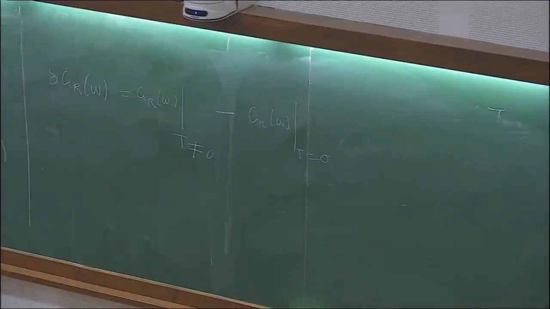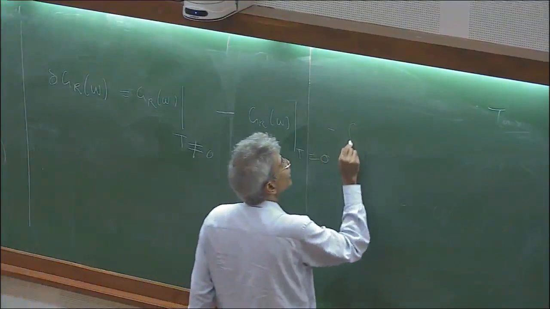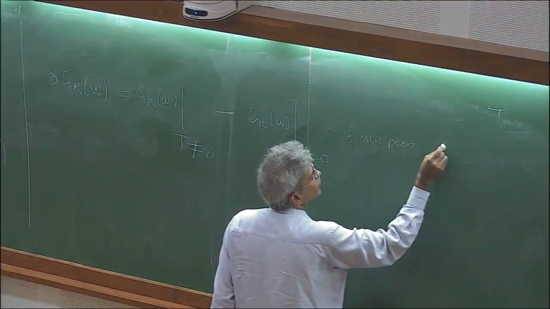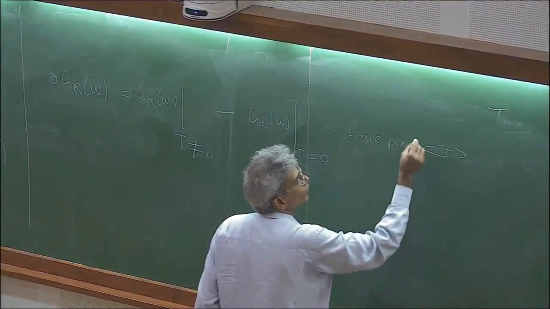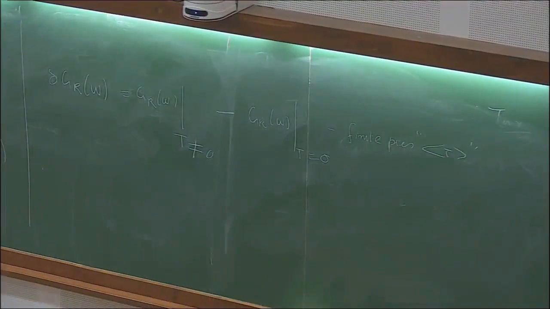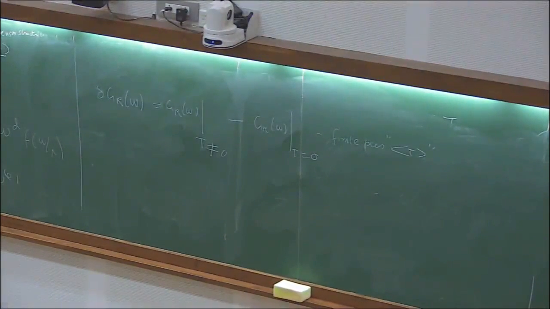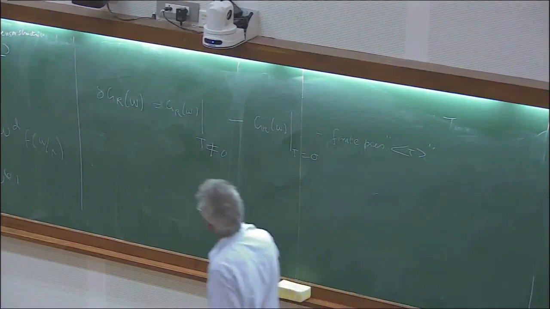And then we'll also have to subtract out the finite pieces which arise because of the expectation value of the stress tensor. So we'll have to subtract this out. And if you subtract this out, the rest of the terms are subleading. And so this is the scheme.